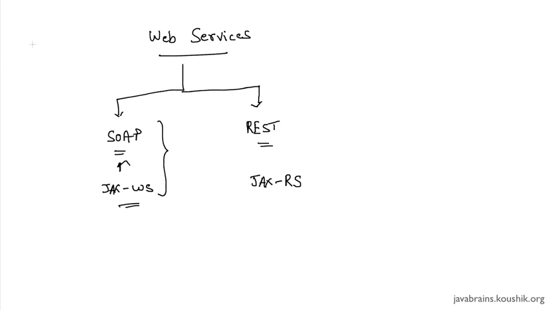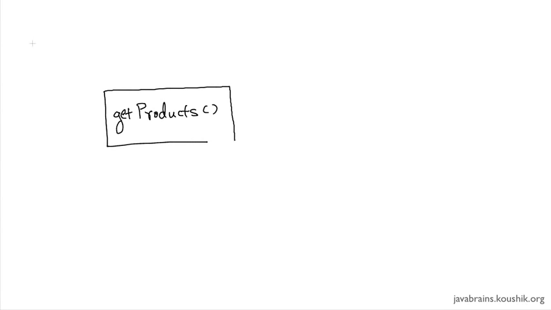Let me explain that with an example. Let's say you're writing some code for an e-commerce application and you've written a business service to get the list of products. So let's say you have written a class with a method called getProducts. This is your method and you have created a business service for it. Now, this business service is deployed on your application server.